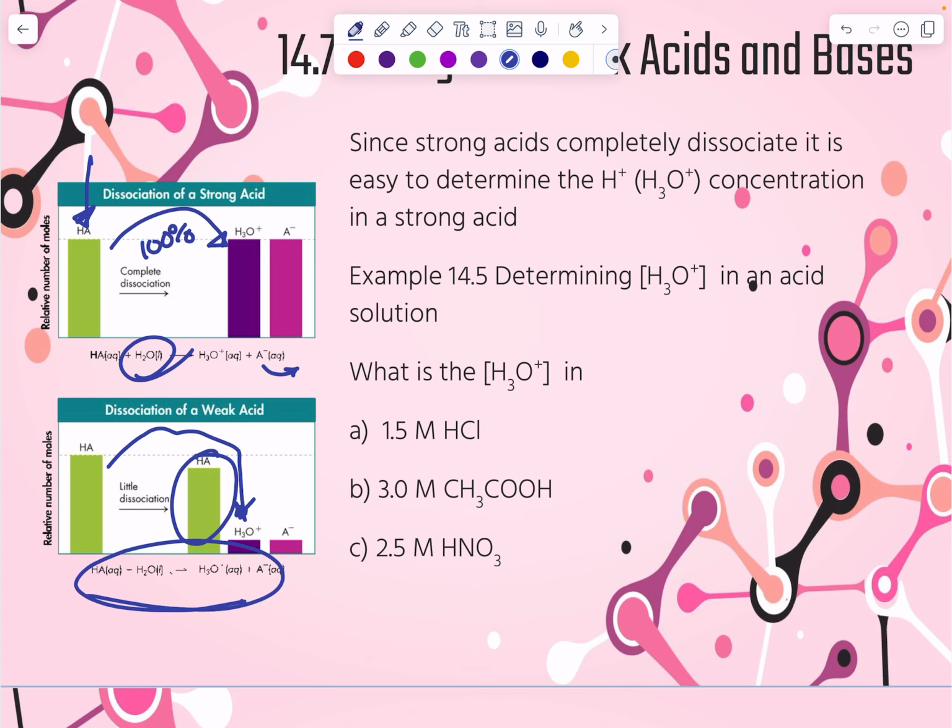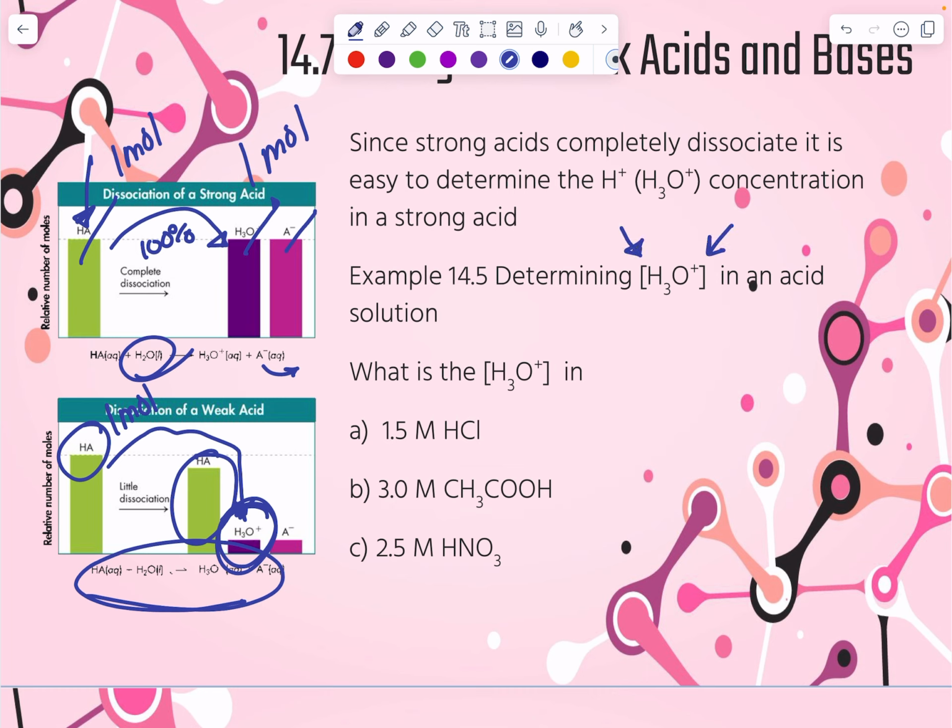So now, if a strong acid completely dissociates, then if I have 1 mole of the acid, I will have 1 mole of the H3O plus. But if I have 1 mole of a weak acid, how much is going to actually react? Well, way, way less.